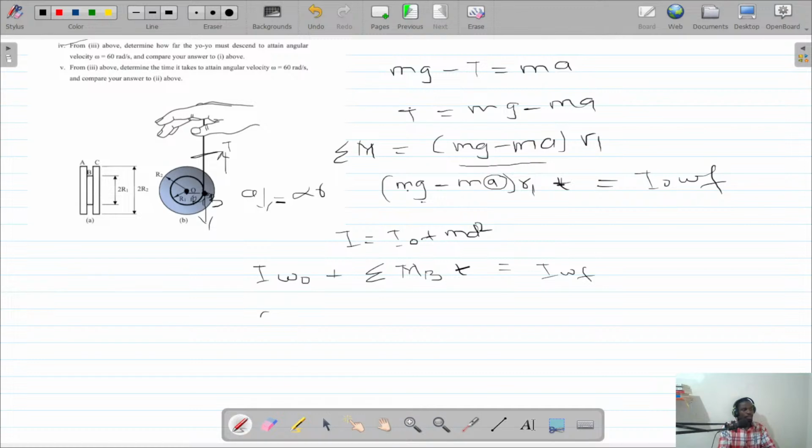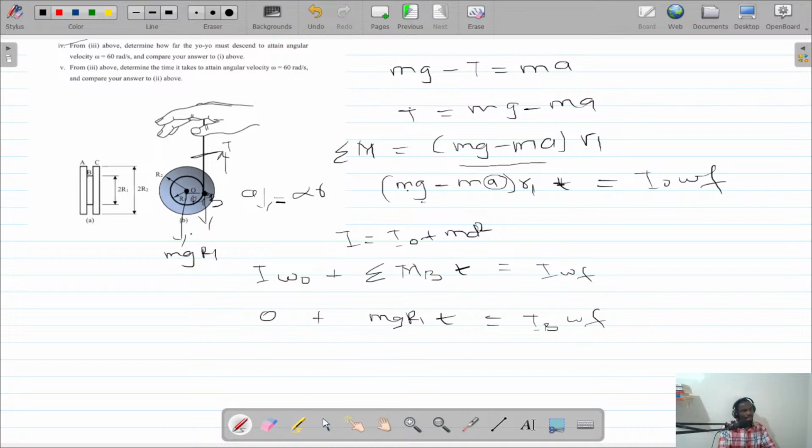This time this will be 0 plus the moment, which will just be the weight, mg times r1. So we have mg times r1 times t equal to I_b omega f.